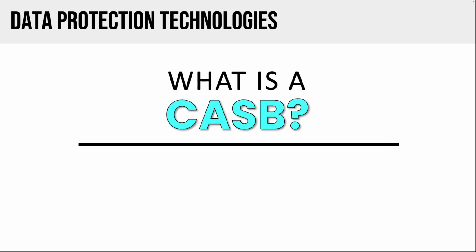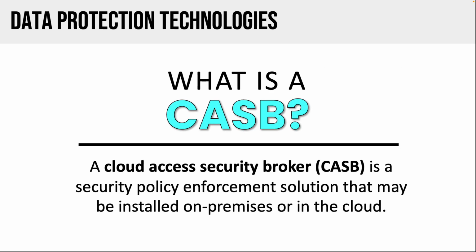And then there's the Cloud Access Security Broker, or CASB for short, which is a security policy enforcement solution that may be installed on premises or in the cloud. It's almost always a cloud solution these days and intended to focus on protection in cloud scenarios quite often.